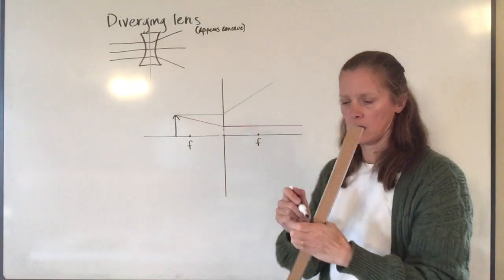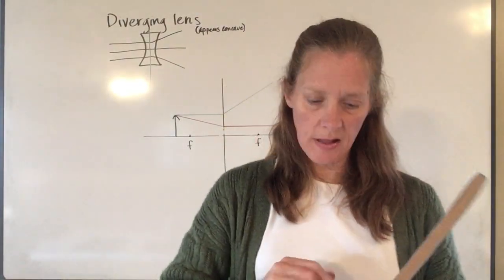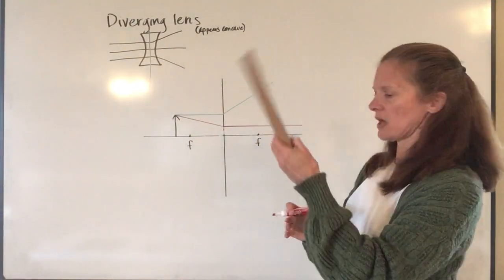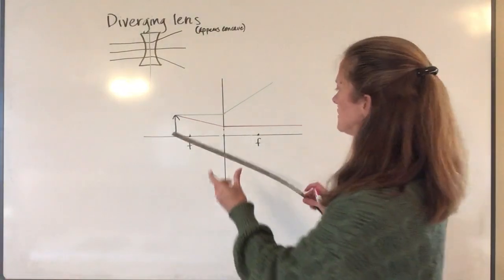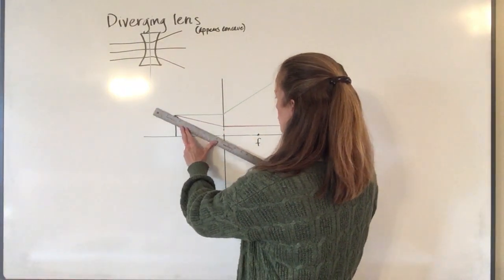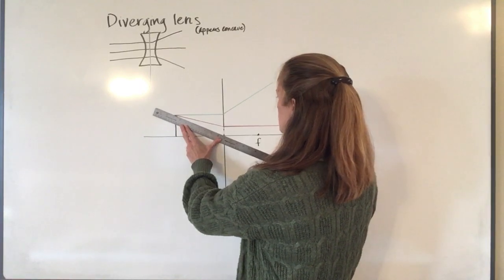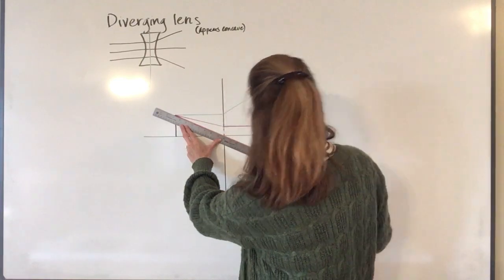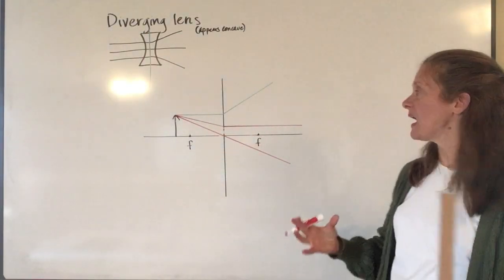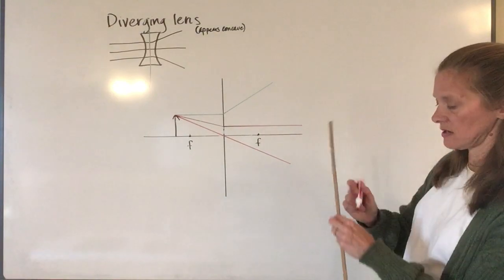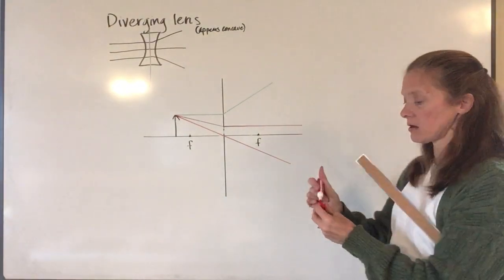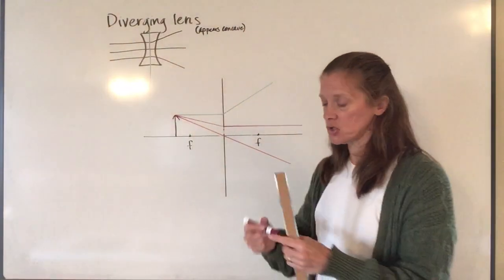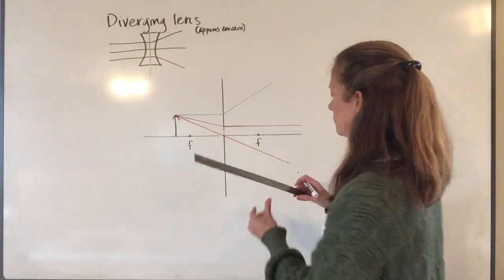That's better. Okay? And just like in our converging lens, the diverging lens is similar in that when it goes through the center of the lens, it's going to pass through undeflected. So I'm going to draw this one down like that. Now, again, you can see that these rays obviously are not going to cross, and so I'm going to have to extrapolate backwards to find out where my image is formed, okay?